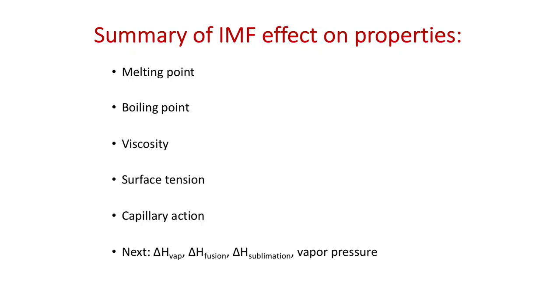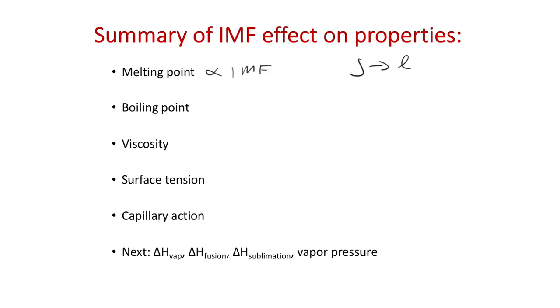Okay, a quick summary so far is that for the most part, all these properties have a direct relationship with intermolecular forces. If you look at melting point, generally you increase the intermolecular force of attraction. That means there's going to be more forces that have to be broken to go from solid to liquid. So if we're going solid to liquid, we have to break intermolecular forces.